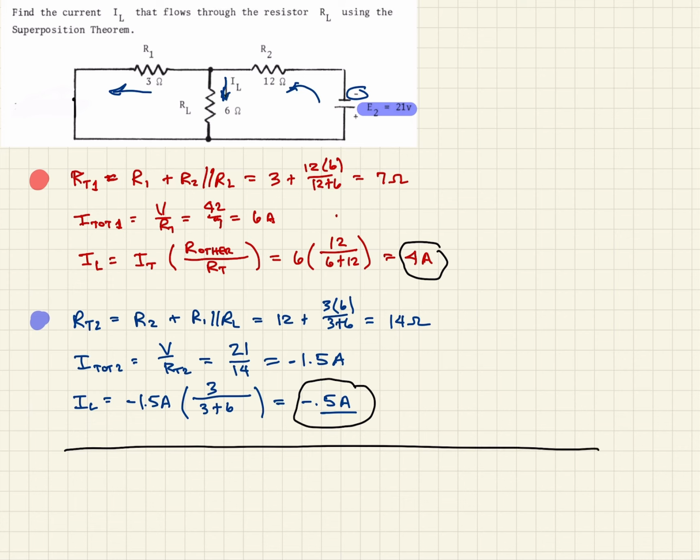So therefore, IL total would be, let's say this is IL1 and IL2, IL1 plus IL2. So in this case, that's going to be 4 minus 0.5 amps. And so the total is 3.5 amps. So this is the value of IL, taking into account both sources in this circuit.